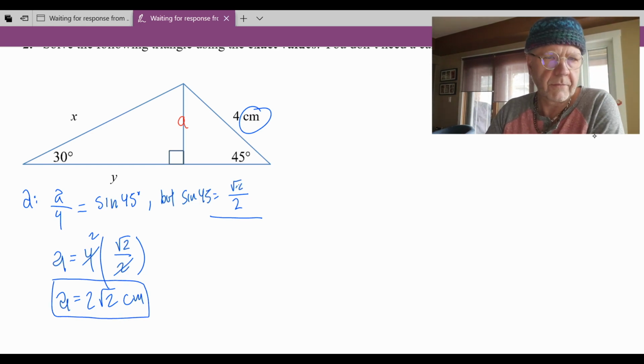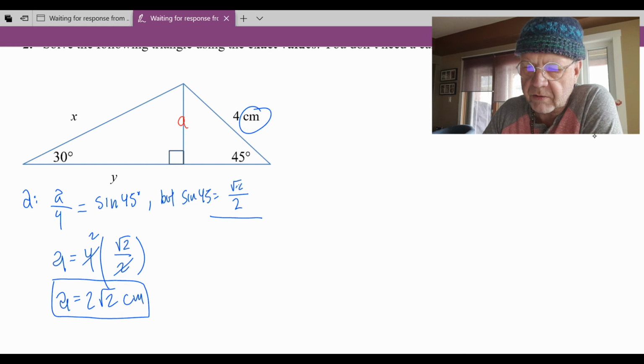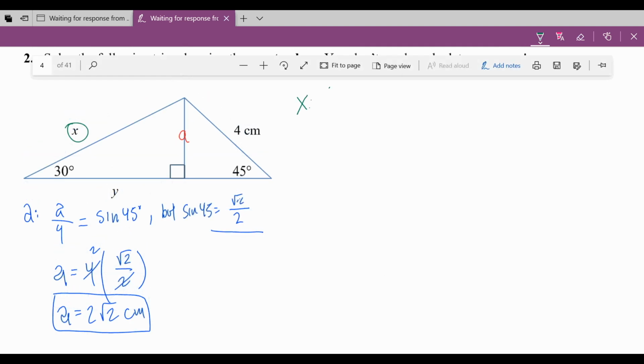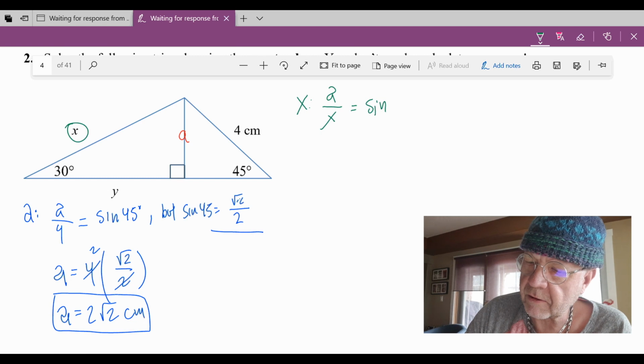Cool. We've done that. First step. So we know what A is, but we sine of 30 degrees. Okay?